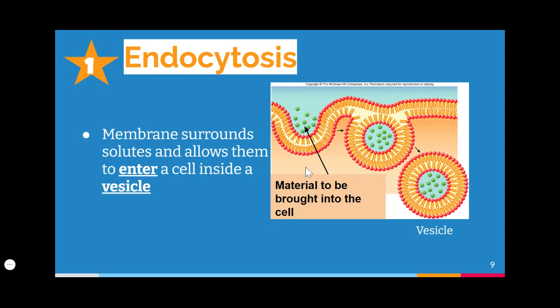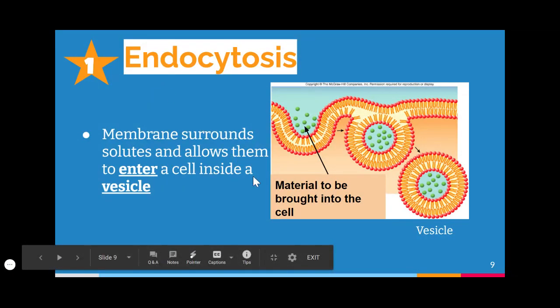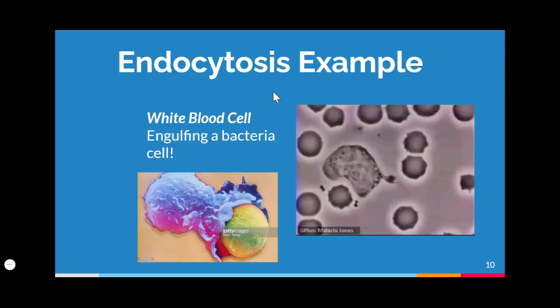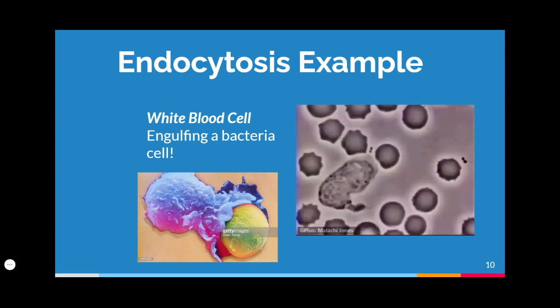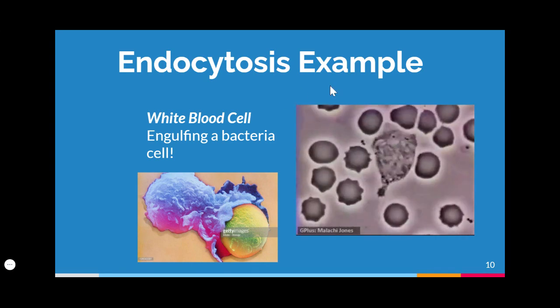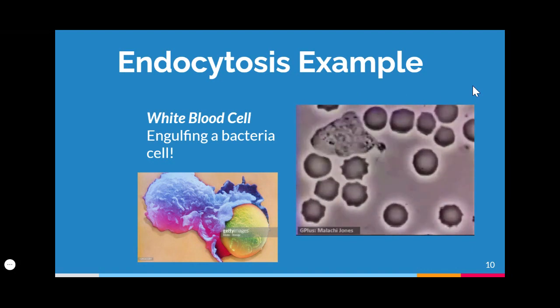Here's the material, they're brought into the cell. So think of EN, into the cell. Here we've got a little vesicle that's created with the same membrane that you saw with your cell membrane. A white blood cell engulfs a bacteria cell in that way so that we can destroy bacteria cells as they enter our body.